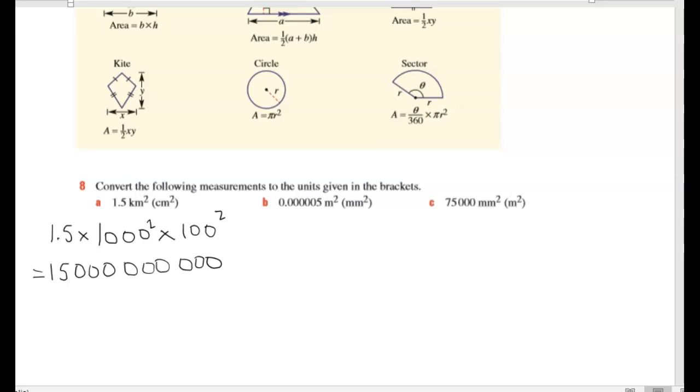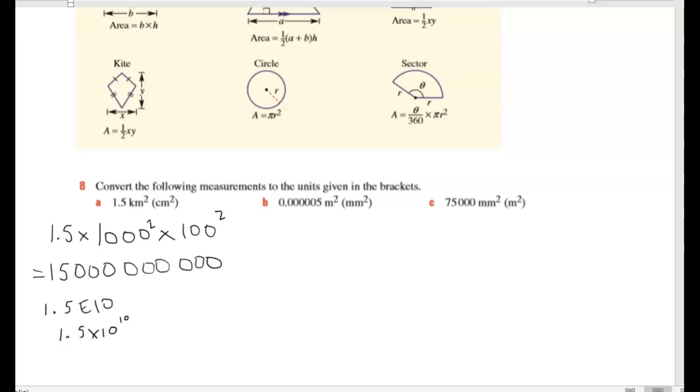When you're writing your numbers, sometimes it's easier to group your zeros in 3 so you can easily see that. A very big number. Sometimes your calculator will come up with something like this, which is the same as 1.5 times 10 to the power of 10.